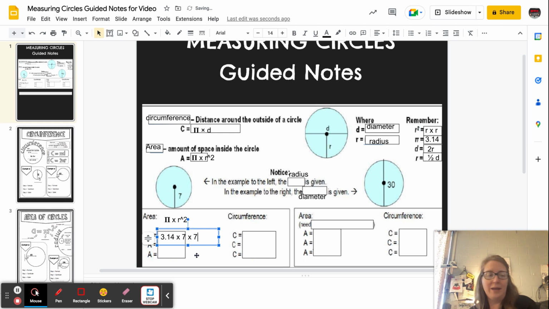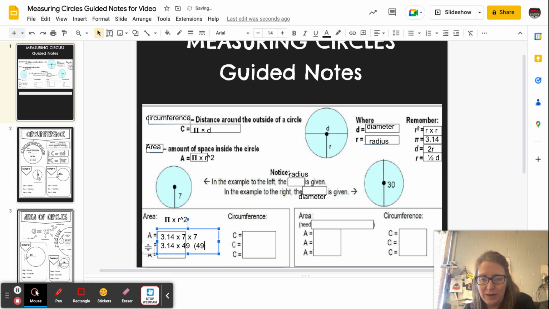So when you go through and calculate that, you're going to say 3.14 times 7 times 7. So I'm going to use my calculator. I know 7 times 7 is 49. So I'm going to do 49 times 3.14, or 3.14 times 49. Now, sometimes you will leave it as 49 pi. Okay, so you might see it like this.